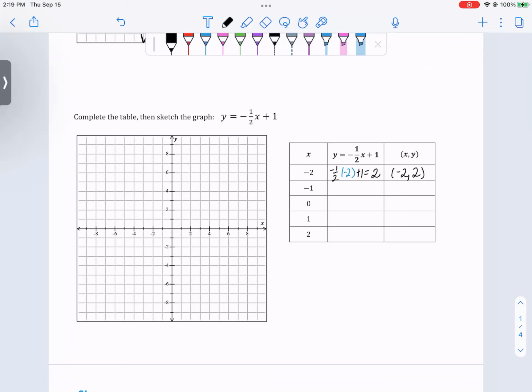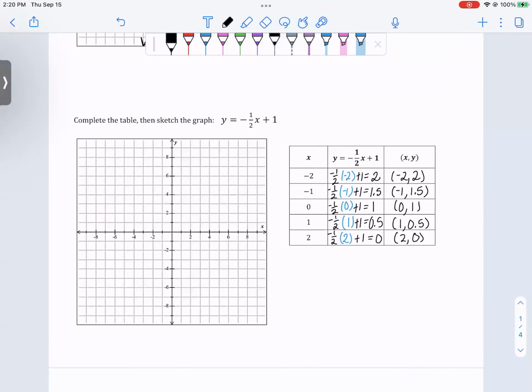I'm going to fill out the rest of this table while paused. All right. So I have filled out the rest of my table. I have the y values 2, 1.5, 1, 0.5, and 0. With these y values, notice that they go down by 1/2 each time x increases by 1.